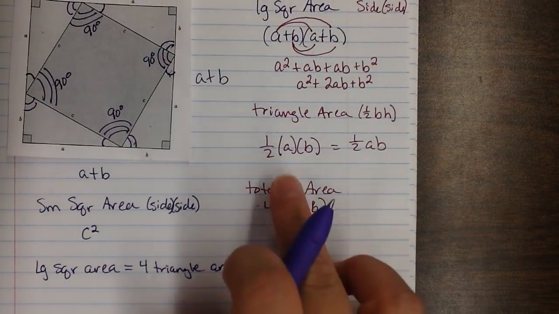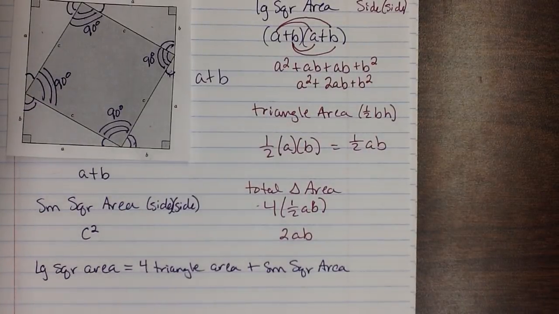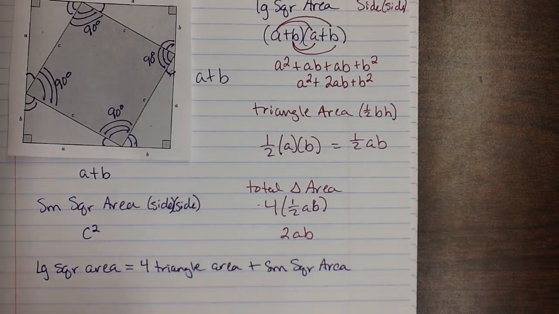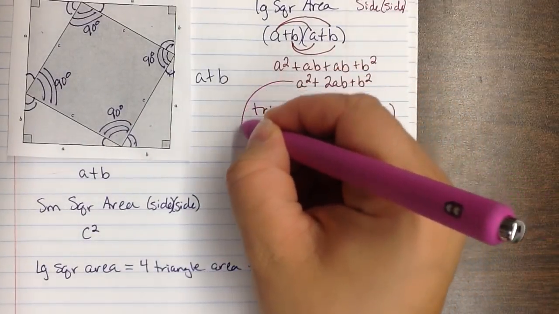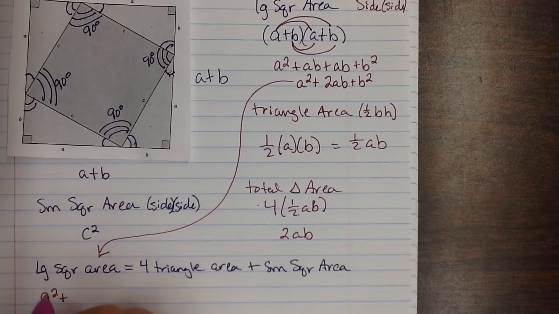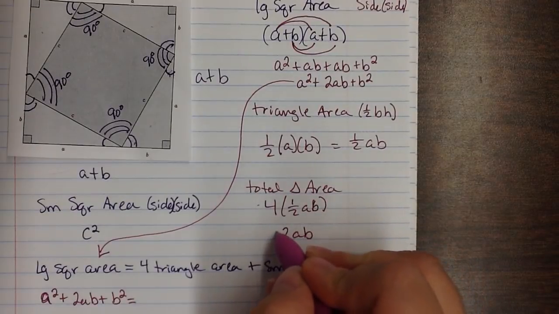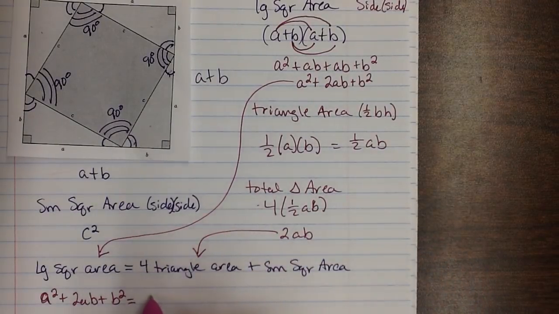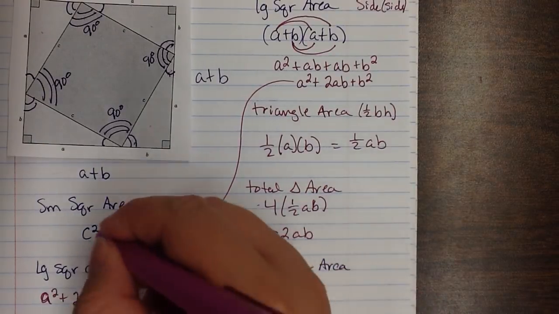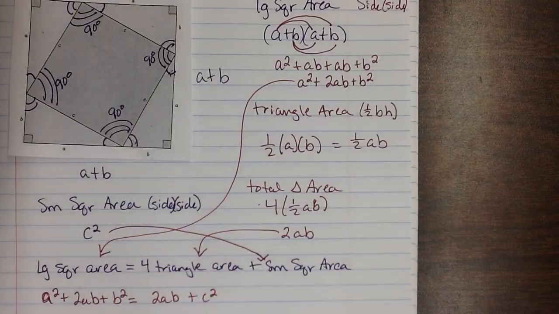And now I'm going to put the large square area, which is this, over here. So a squared plus 2ab plus b squared equals, this is coming right here, 2ab, and this is going to come in here, plus c squared.